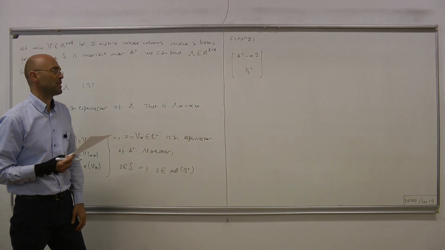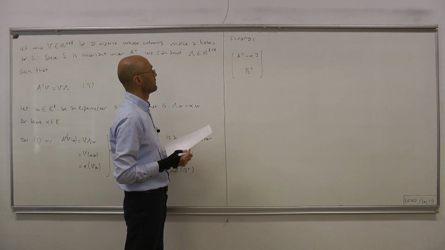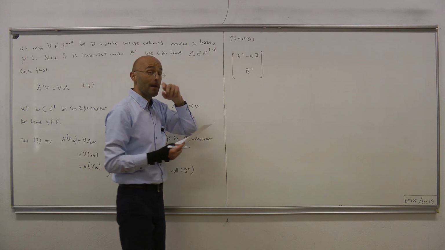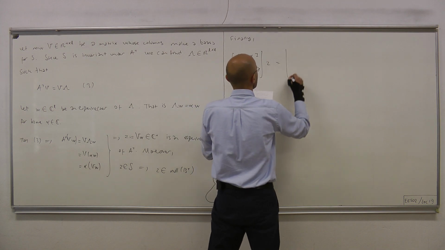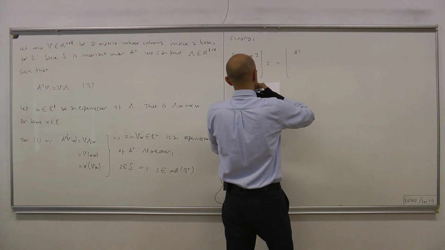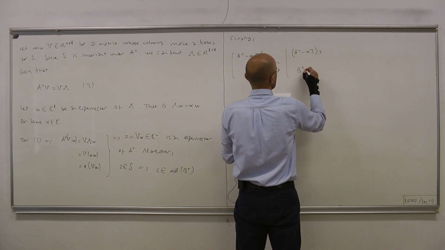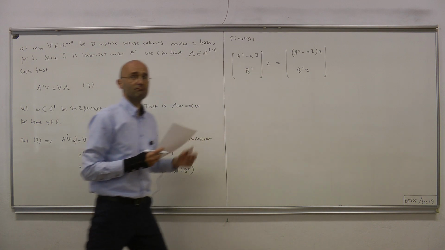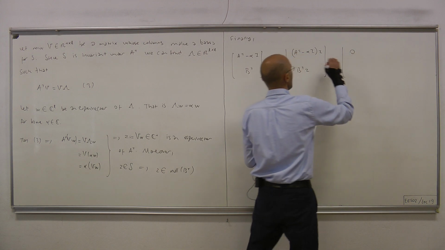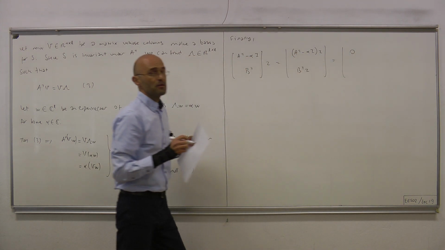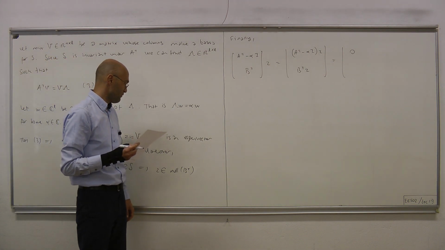Now this matrix, which is n plus k by n, times the matrix Z equals A transpose minus alpha identity times Z, and here we have B transpose Z. Okay, and that equals 0 for the first entry, because Z is an eigenvector of A transpose with corresponding eigenvalue alpha.